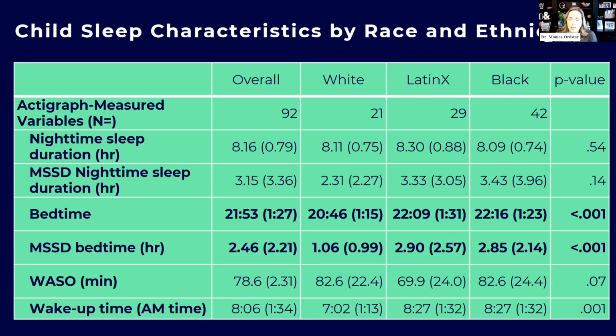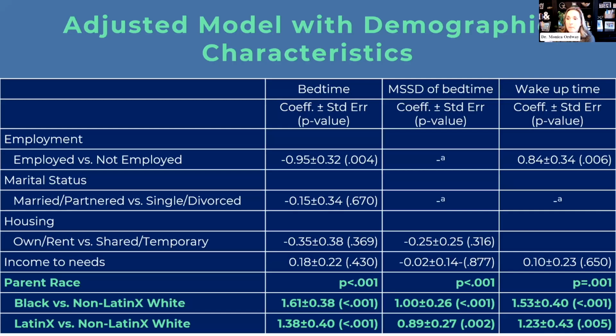We looked at bedtime through the mean successive square differences, looking at night-to-night differences in bedtime, and these data were collected by actigraphy, I should have mentioned. Looking at adjusted models, we then looked at the socioeconomic variables that we had collected, and we still saw significant race and ethnicity differences.